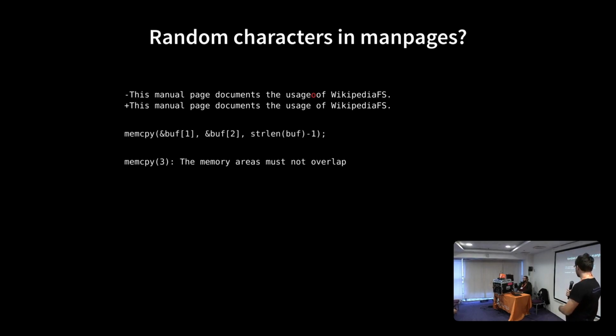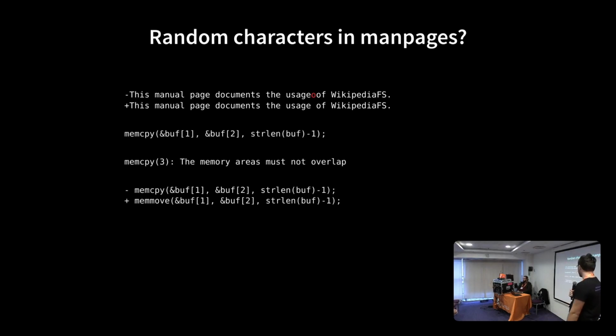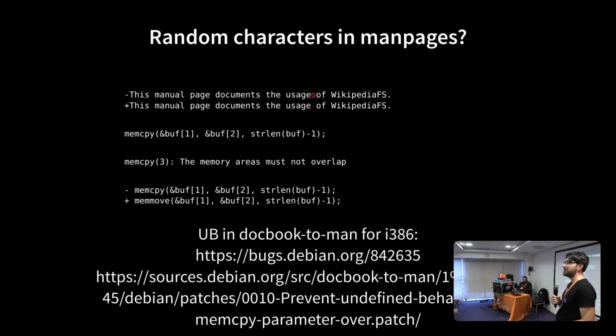This was due to undefined behavior on i386. It wasn't visible on amd64, for example, but because it's undefined behavior, sometimes it will be visible on i386. We found plenty of these things randomly, and this would be very difficult to catch otherwise.